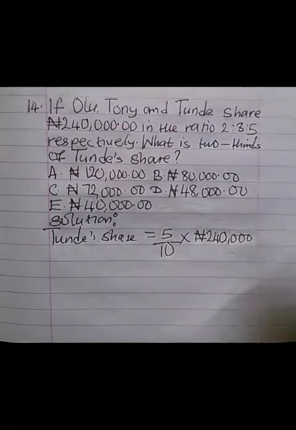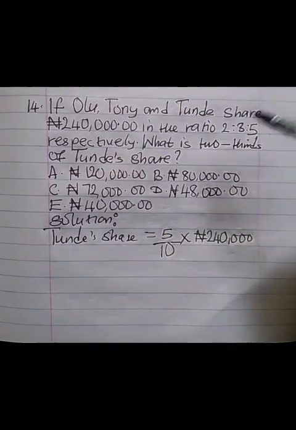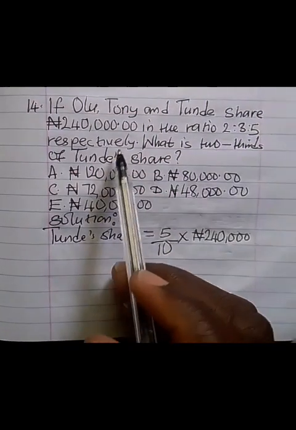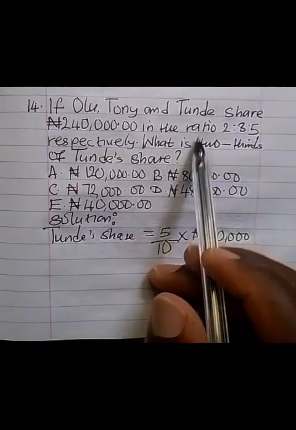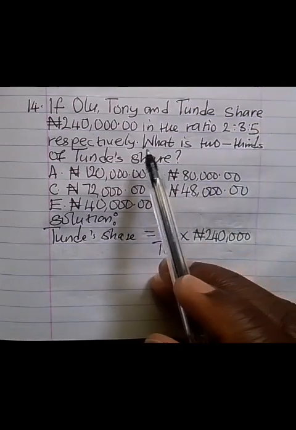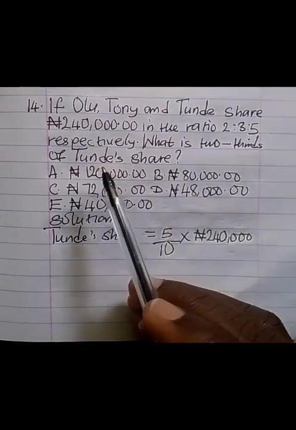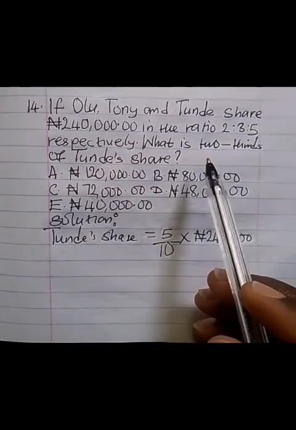Question 14. If Olu, Tony, and Tunde share 240,000 naira in the ratio 2 to 3 to 5 respectively, what is 2/3 of Tunde's share?